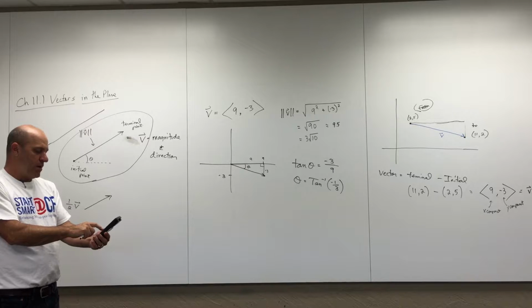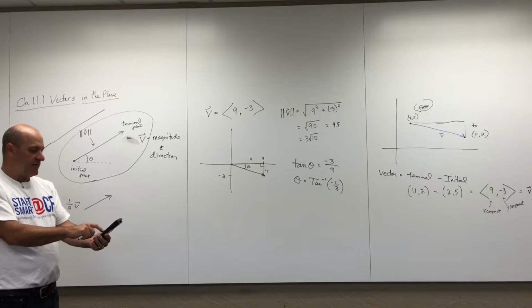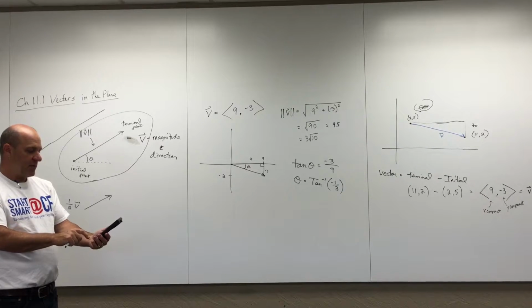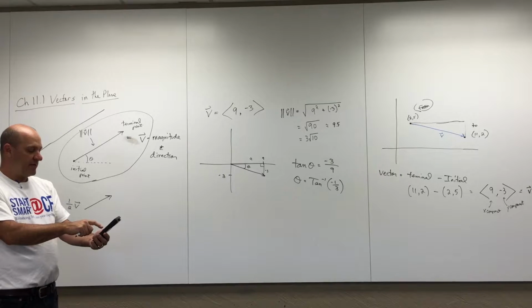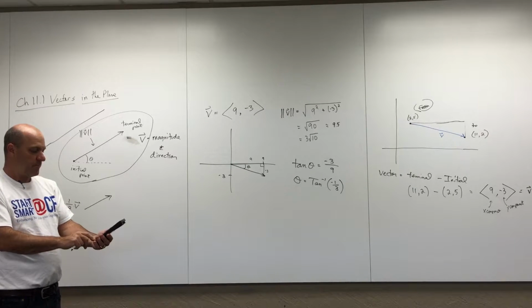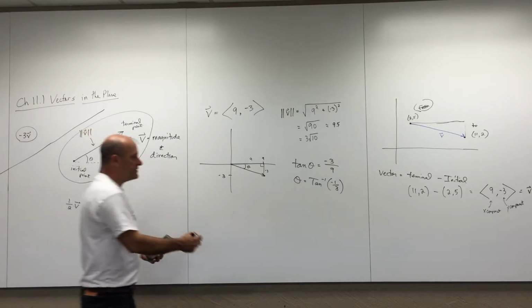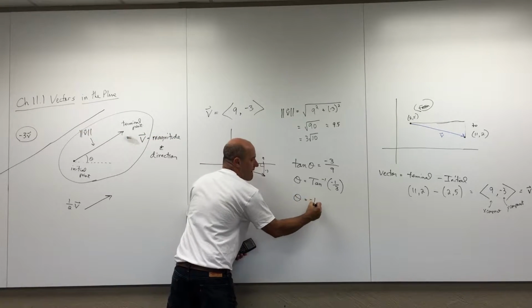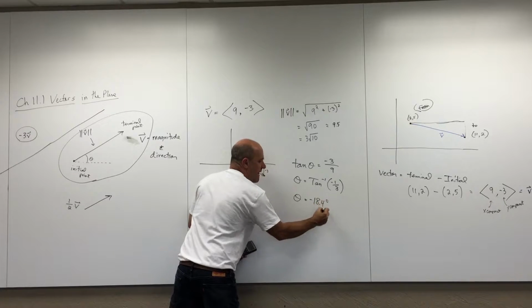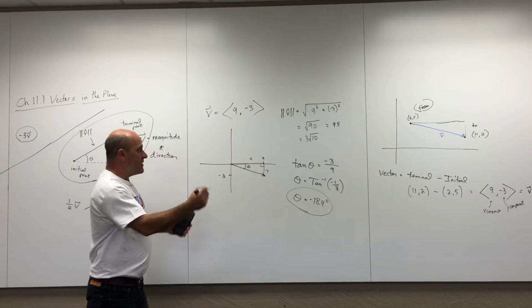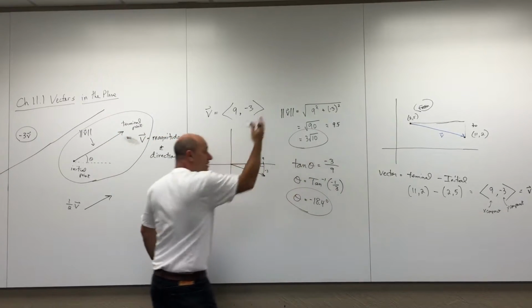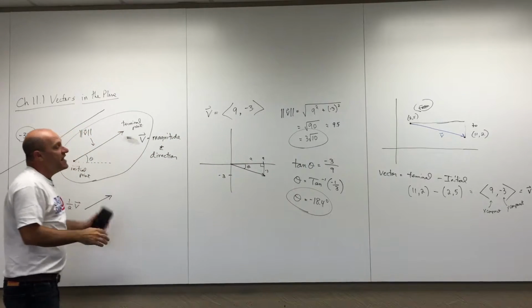So I'm going to go to mode and switch myself into degrees, because I want to know how many degrees it is. And I'm getting negative 18.4 degrees. So we found his magnitude and direction. That's what we did.